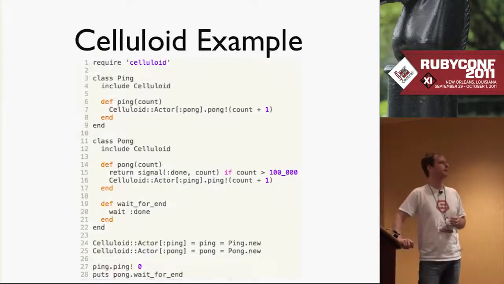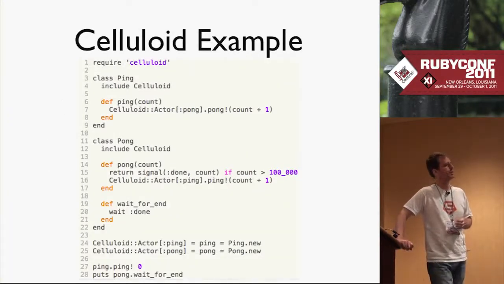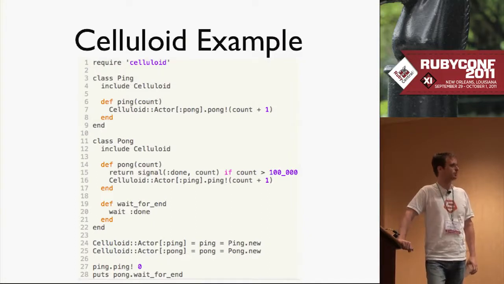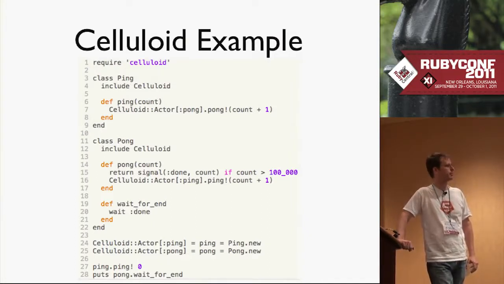This is that ping and pong example, but done in Celluloid. You can see here we're defining two different classes, and we're including the Celluloid module. By including the Celluloid module, that turns this class, this object, into an actor instance. Down in lines 24 and 25, our main thread is creating those two actors and then kicking off the process on line 27.